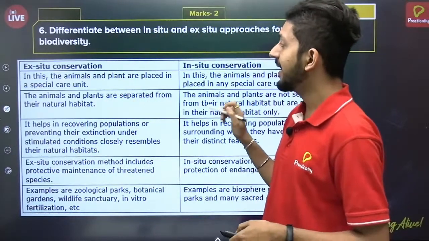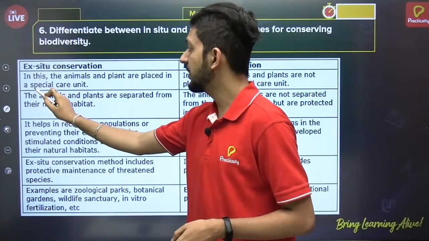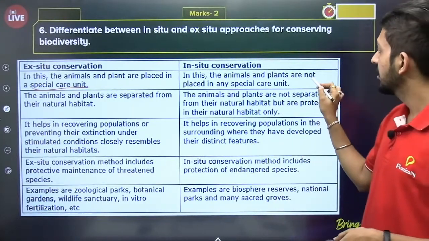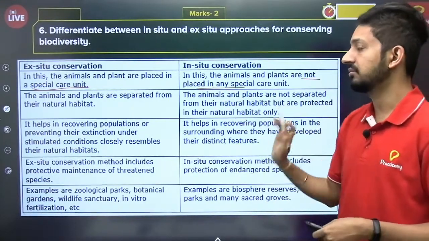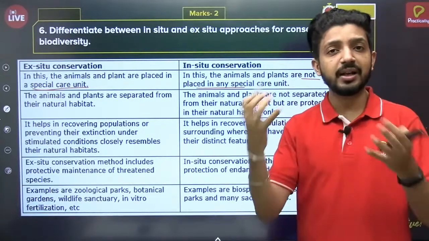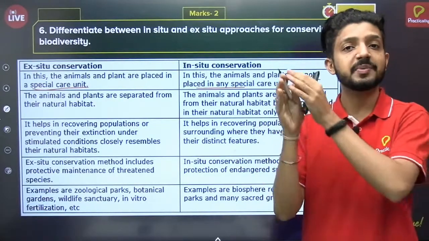In this, the animals and plants are placed in a special care unit. In in situ, animals and plants are not placed in any special unit, because in situ is for that particular habitat where they are present. Ex situ is where we take them out from that habitat and then specially preserve them.